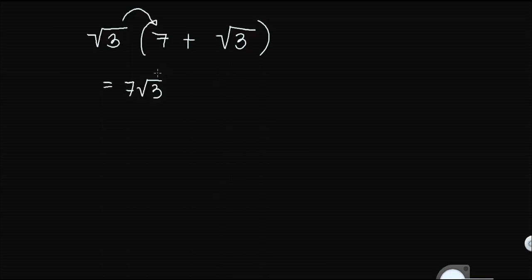Now, if you see this problem, what will you do? So, what if we have square root of 3 times 7 plus square root of 3? Okay, ganito lang yan, no? Distributive property. Square root of 3 times 7, that is 7 square root of 3. Now, for the second term, square root of 3 times square root of 3.